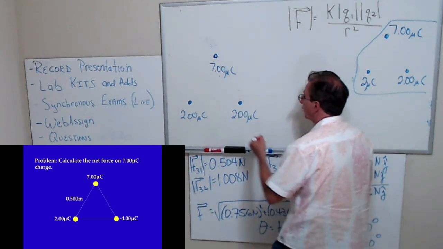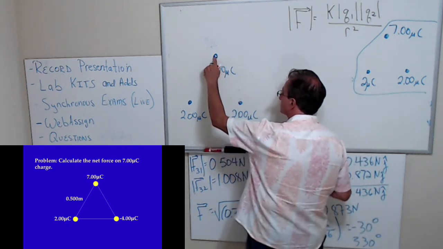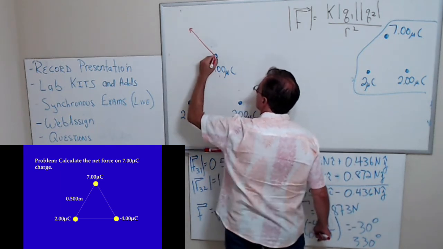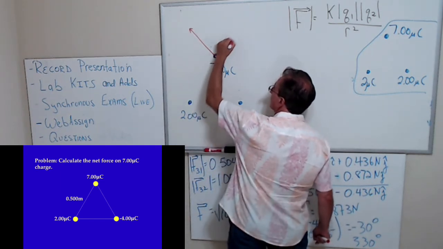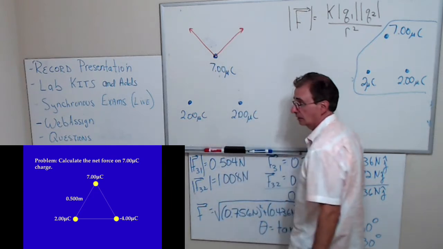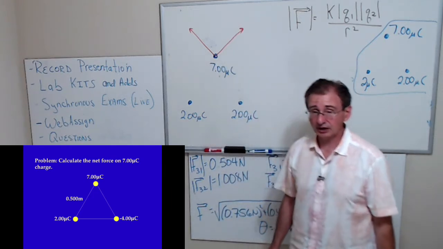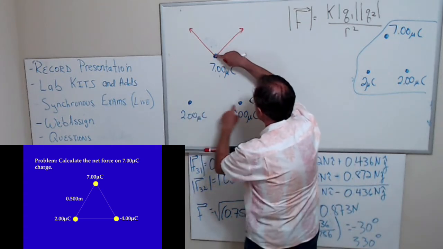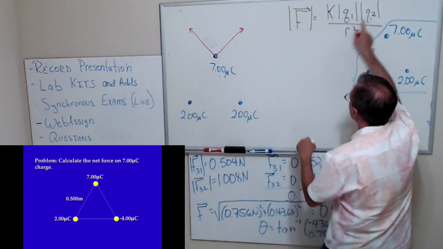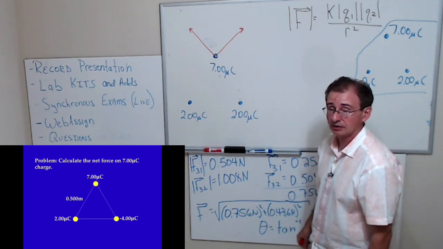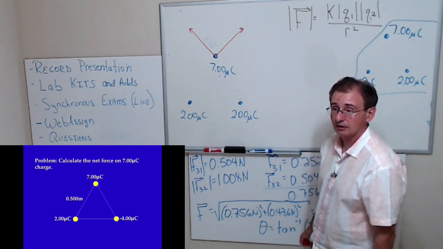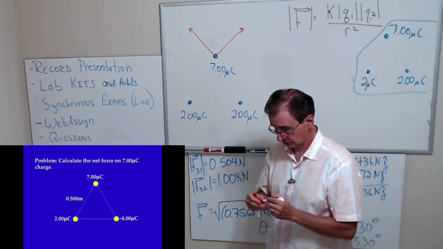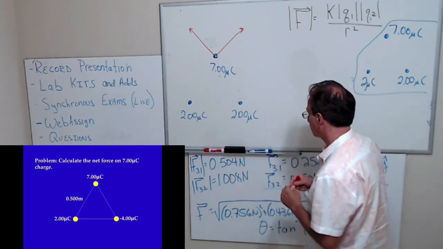If I were to draw the force on this one due to this one, it's repulsive, it'd go like this. And this other force would be repulsive like this. The lengths of those arrows are going to be the same, because in both cases the distance is the same and the charges are the same. Which means the X components will be the same and the Y components will be the same.